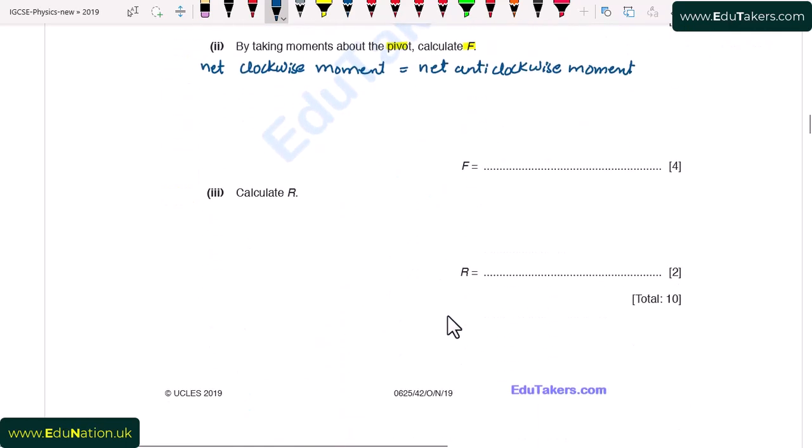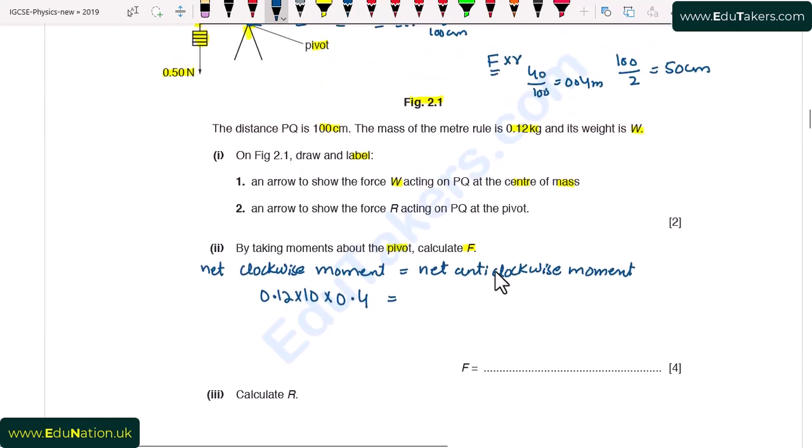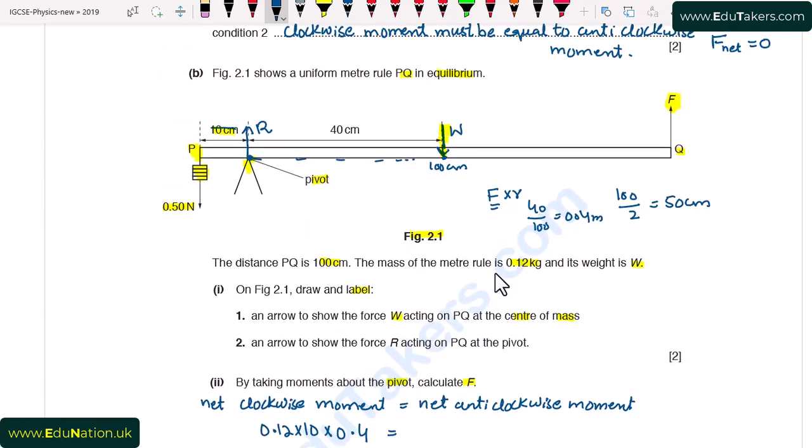So I write here 0.12 multiplied by 10, that is the value of g, multiplied by the perpendicular distance from the pivot point, and it is equal to 0.4 in the case of W. We also have to calculate the net anti-clockwise moment, and this anti-clockwise moment is caused by this force F and this force 0.5 Newton. So I multiply this force F with the perpendicular distance from Q point to O. This distance is basically equal to 90 centimeter and it is equal to 0.9 meter.